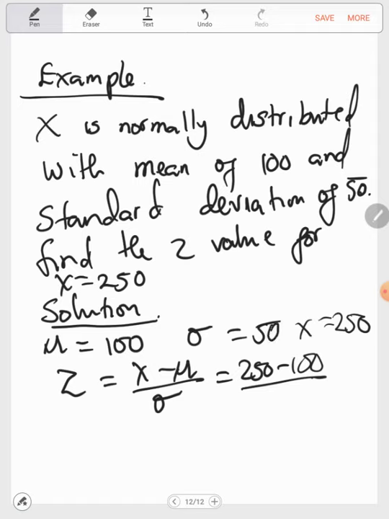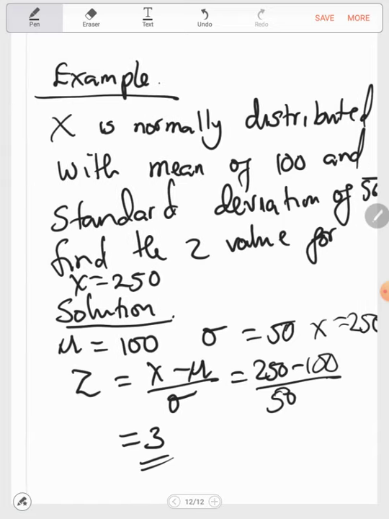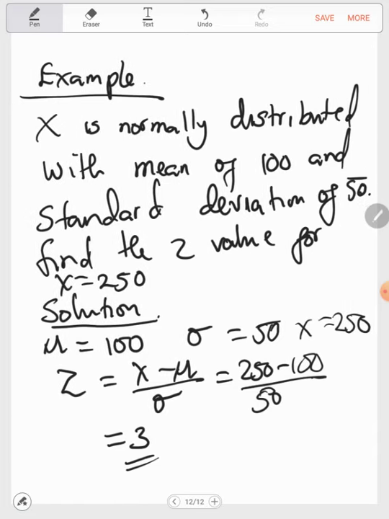So that is 150 divided by 50, and we get 3. So this will give us 3 as our z value. This is how we transform any normal distribution values to the standard normal.